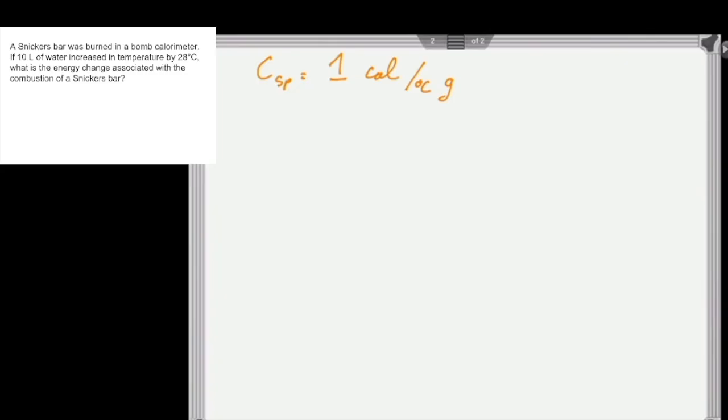I'm going to use calories for just a second as we walk through this, since we're talking about food, and food is typically measured in calories. All right, that's our C. Now remember, the equation we're looking for is heat, Q equals M C, specific heat, delta T. Okay. What are our other values that we have here? Delta T is what?